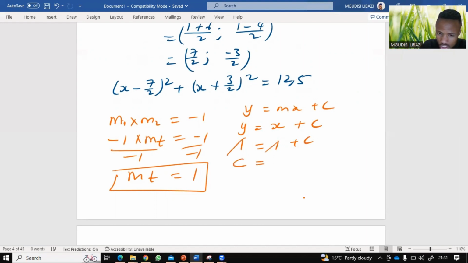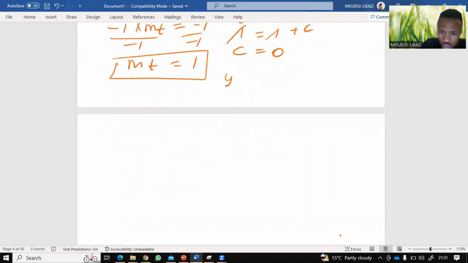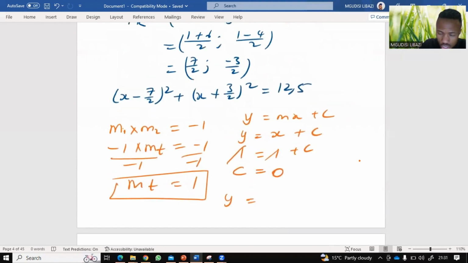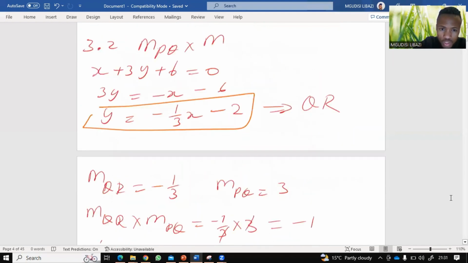So c is equal to 0. That tells us the equation will be y is equal to 1x plus 0. So our final equation is y is equal to x. So we've answered that question there.